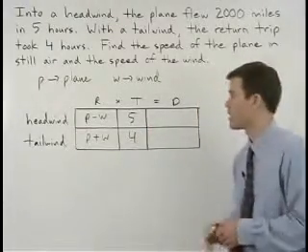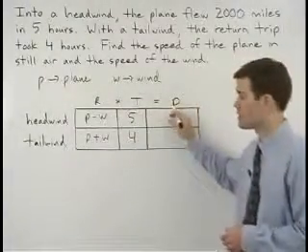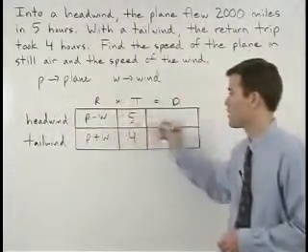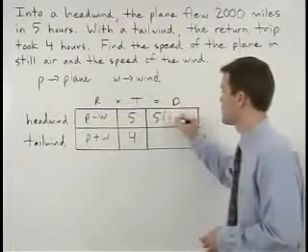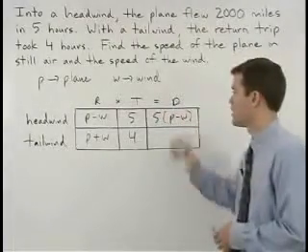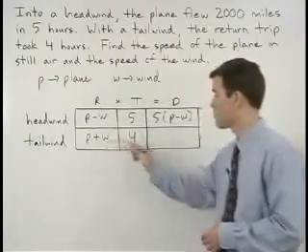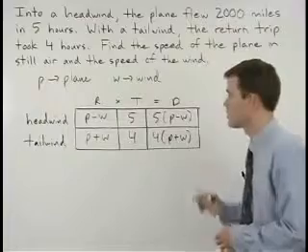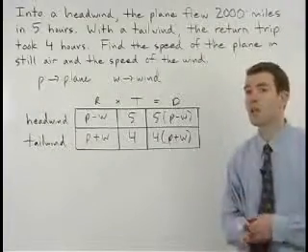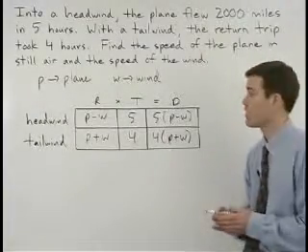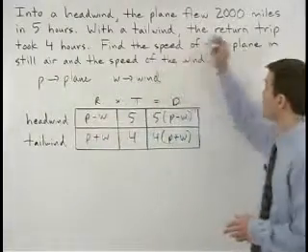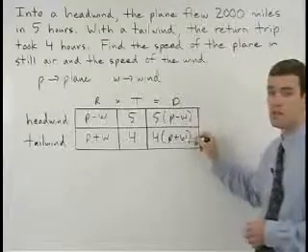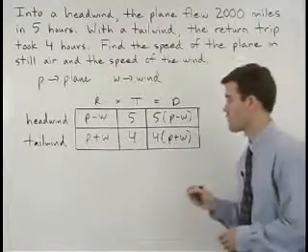So based on our formula, rate times time equals distance, the distance for our headwind trip is 5 times (p minus w), and the distance for our tailwind trip is 4 times (p plus w). Since we know the actual distance that the plane flies in each direction is 2,000 miles, we can set each of our two distances equal to 2,000.